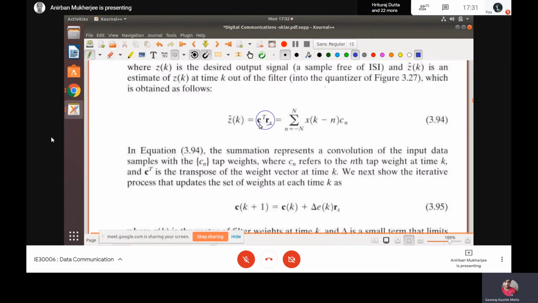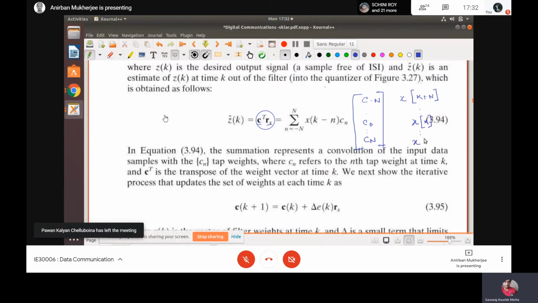Rx is a vector and C is another vector. Rx is basically the vector from x_{k+n} down to x_k and so on, and C is from C_{-n} to C_0 and so on.